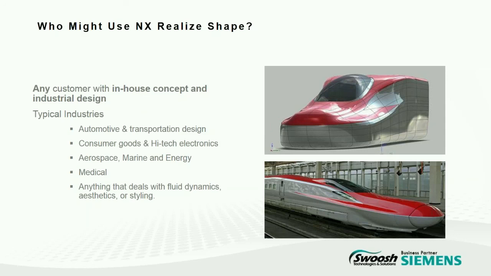Typical industries: automotive, and you can see through any of these that are listed, some of them do have a dependency on shapes that conform to aerodynamics or to water and hydro applications, but medical, orthopedic applications, just hundreds and hundreds of possible uses for Realize Shape.